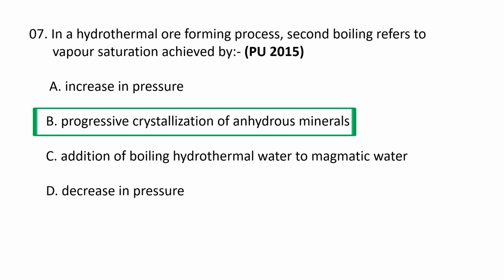In hydrothermal ore formation, second boiling refers to vapor saturation, which is achieved by progressive crystallization, where the remaining melt becomes increasingly water rich as minerals crystallize. Eventually, this leads to water saturation and exsolution, that means the separation of a vapor phase. So B is the correct option.